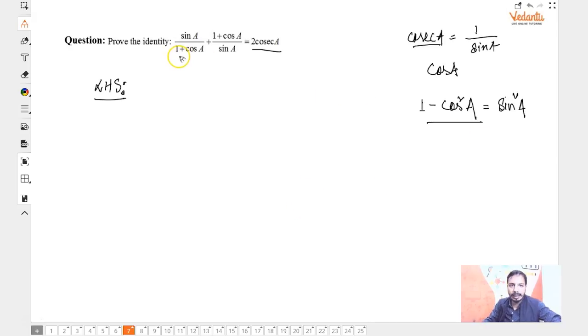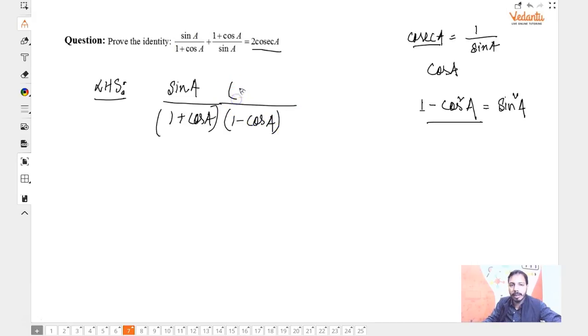But here I have 1 plus cos A. How do I bring this 1 minus cos square A? For this you need to modify something. So what will you do? You will multiply 1 minus cos A in both numerator and denominator, right?